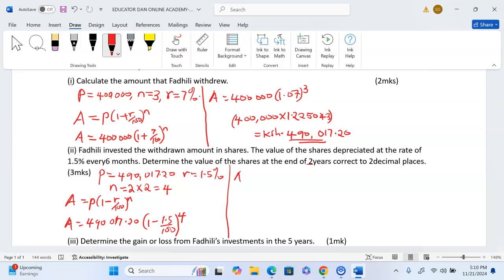So amount again will be equivalent to 490,017.20 that we are going to multiply by the entire of this bracket, 1 minus 1.5 over 100 raised to 4, which will give us 0.94133655.